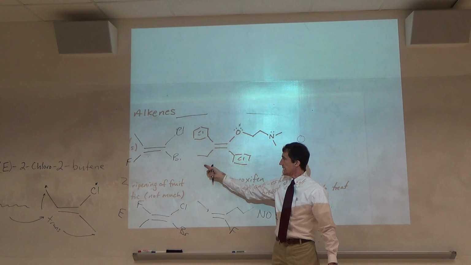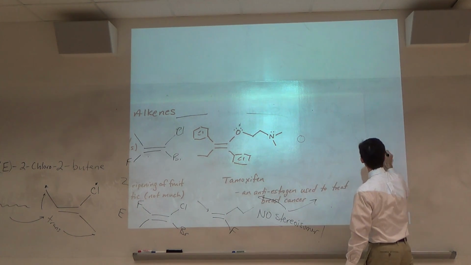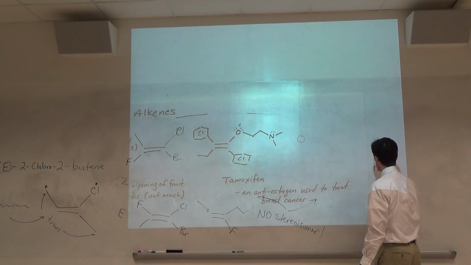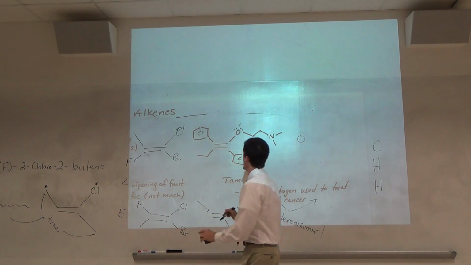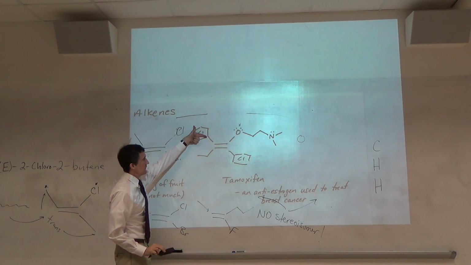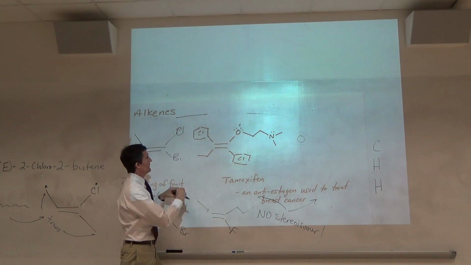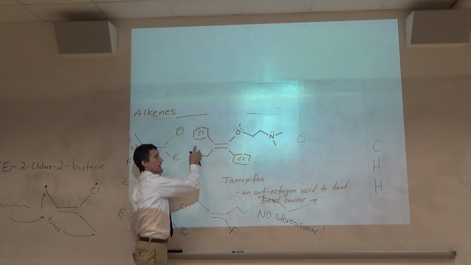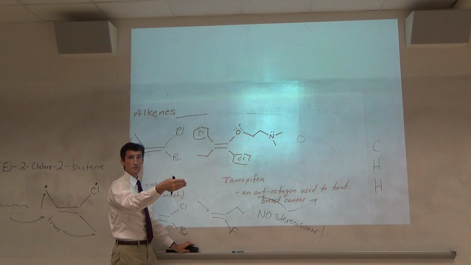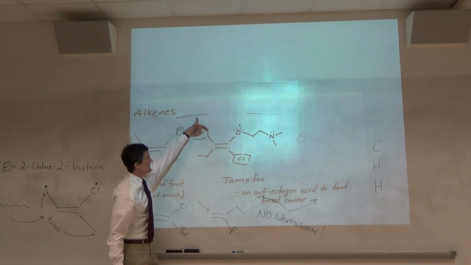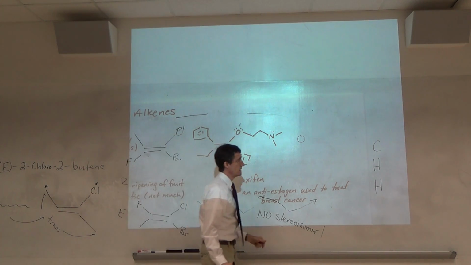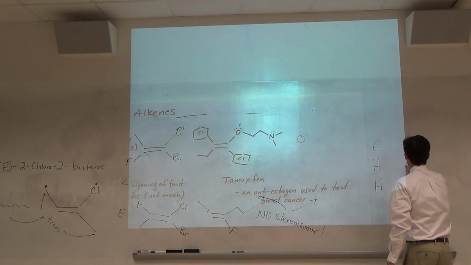A C, H, H. So we list those: C, H, H. What is this carbon bonded to? Well, that's a double bond to C and a single bond. A double bond to C is like it's bonded to two C's. So it's like C, C, and C.